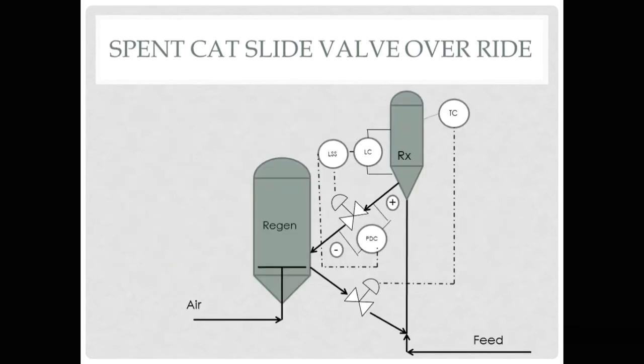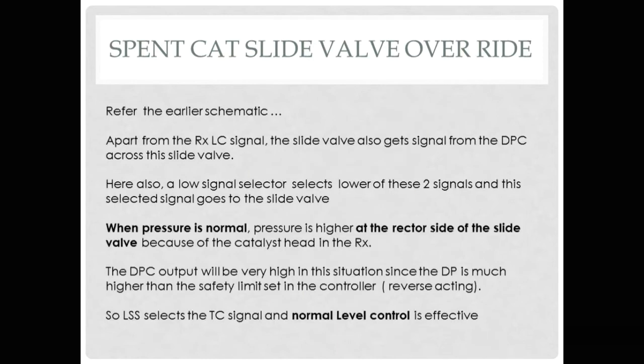Here is a schematic for the override control for the spent catalyst slide valve. This valve gets two signals, one from the reactor level controller and one from the DP controller across the slide valve, and the low signal selector selects the lower of the signals and takes action. There are two signals coming: one is from the level controller of the reactor and the other is from the differential pressure controller across the slide valve.